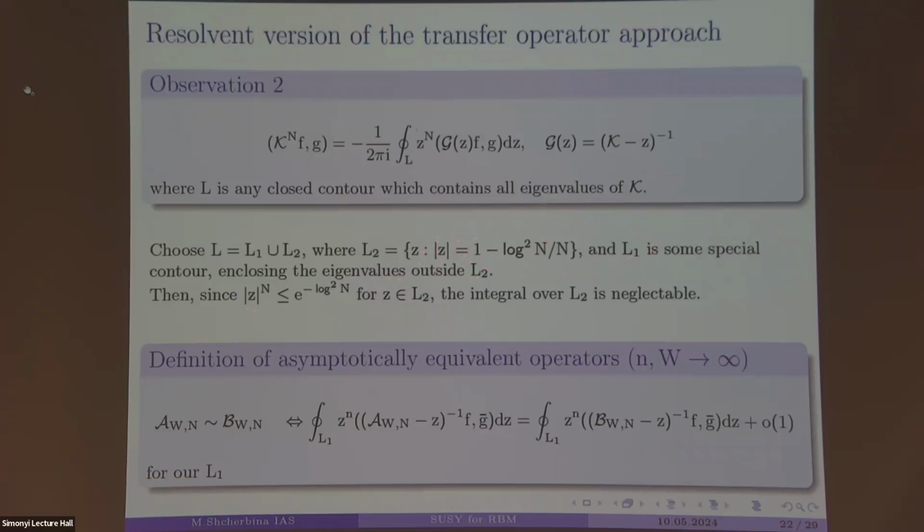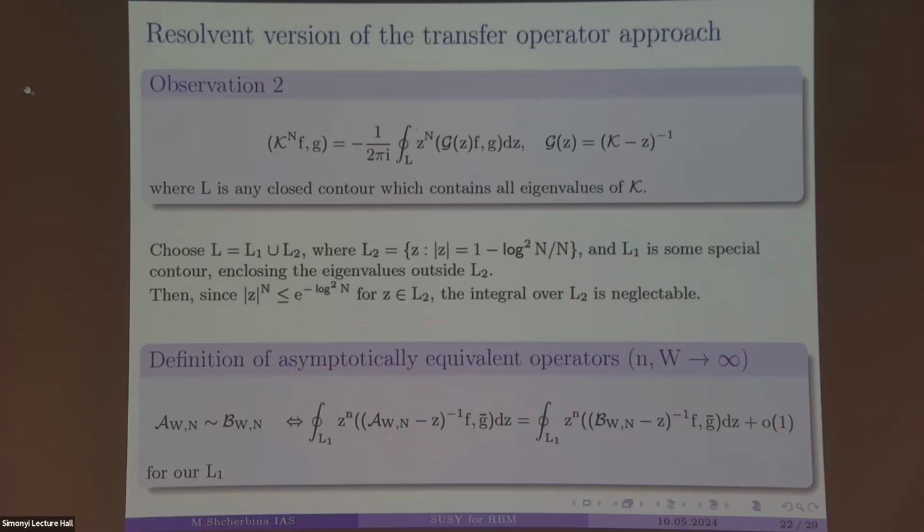it's convenient to introduce the definition of asymptotic equivalence between operators. You choose some special contour, and you prove that your operators are in some sense equivalent on this contour.